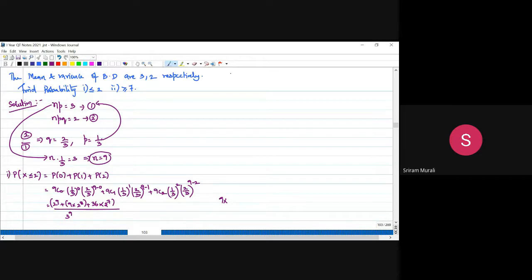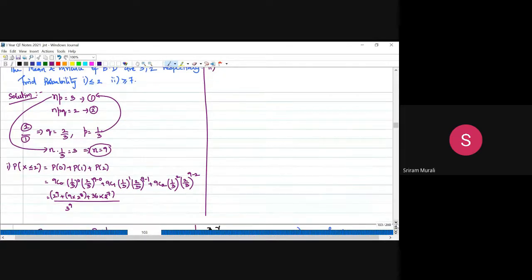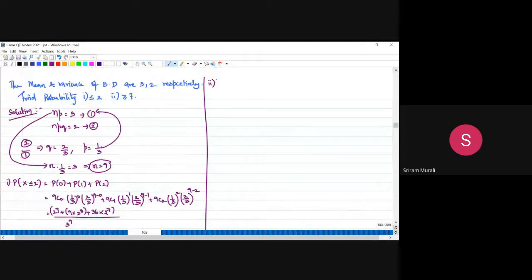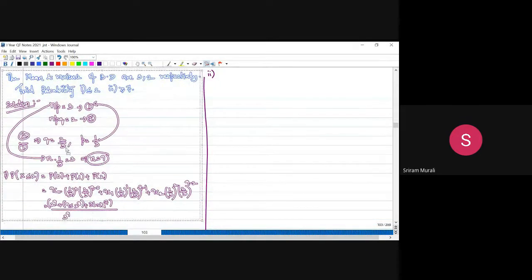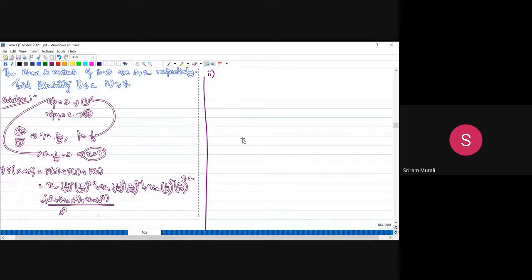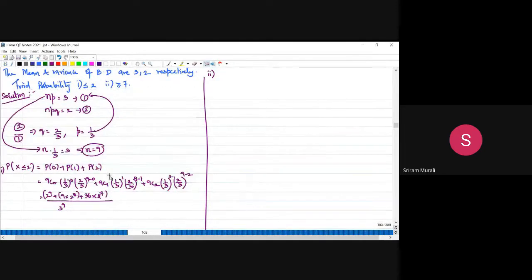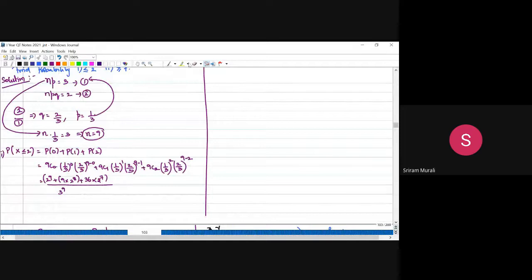The subdivision 1, subdivision 2. More than or equal to 7. The probability of X more than or equal to 7 is equal to, what are they?